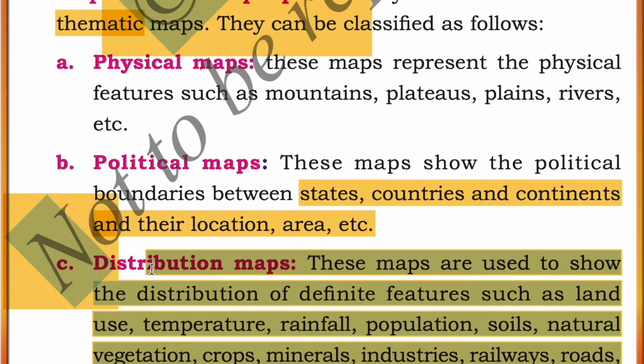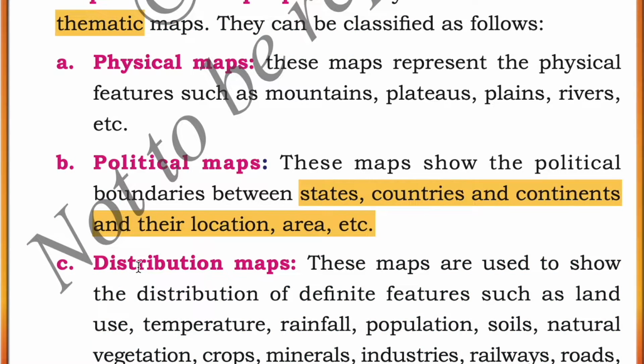One special feature about a distribution map is that distribution maps can only be created after collecting information about a particular area of land over a period of time, because it deals with distribution of definite features such as land use, temperature, rainfall, population, soils, natural vegetation, crops, minerals, industries, railways, roads, waterways, etc. So there is an amplitude of information that we can obtain from a distribution map.